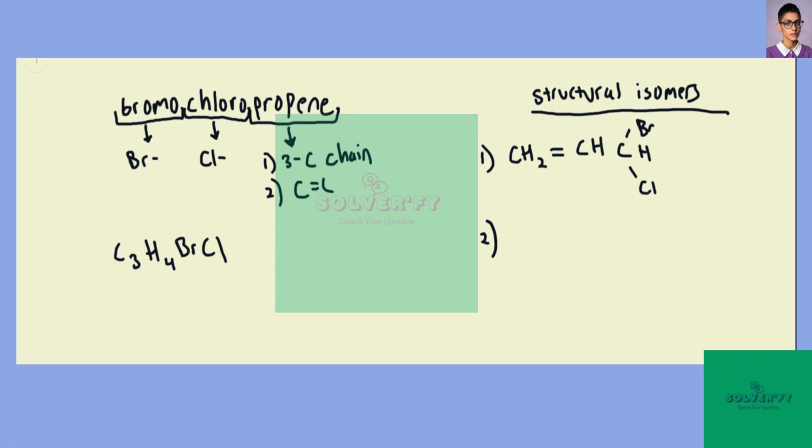My second structural isomer, I'm going to keep the location of the double bond constant. Because it is a propene, I really don't need to move that location of the double bond to the second, because that would essentially be repetitive. That would just be the same compound flipped upside down.